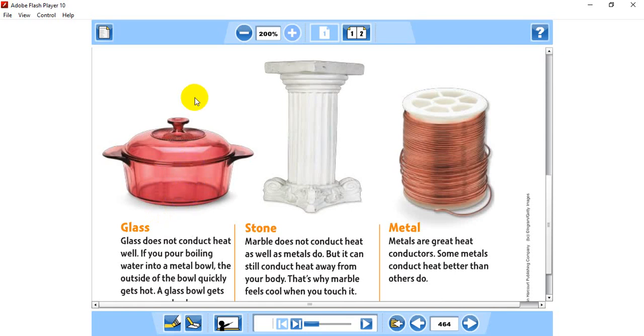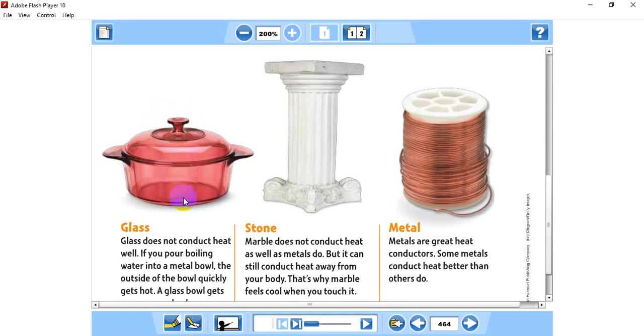The particles are close to each other and vibrate, so they hold the heat between each other and the heat starts to move through the particles of the metal. But the glass is different. It will take time, so the heat will move slowly through the particles of the glass.